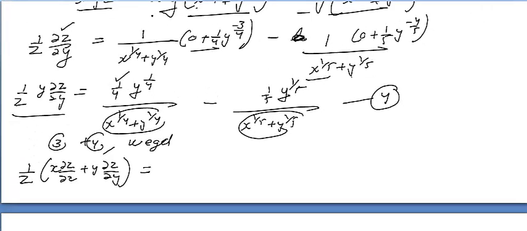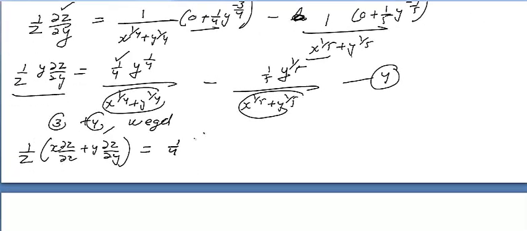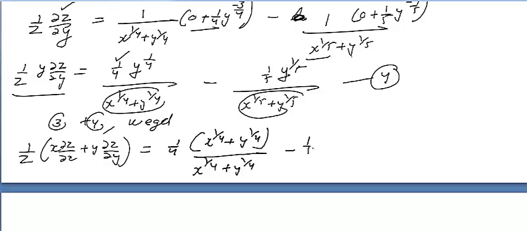So what you will get: 1 by 4 is common, x raised to power 1 by 4 plus y raised to power 1 by 4, and the denominator is x raised to power 1 by 4 plus y raised to power 1 by 4, minus 1 by 5 of x raised to power 1 by 5 plus y raised to power 1 by 5 upon x raised to power 1 by 5 plus y raised to power 1 by 5. So this will be cancelled out.